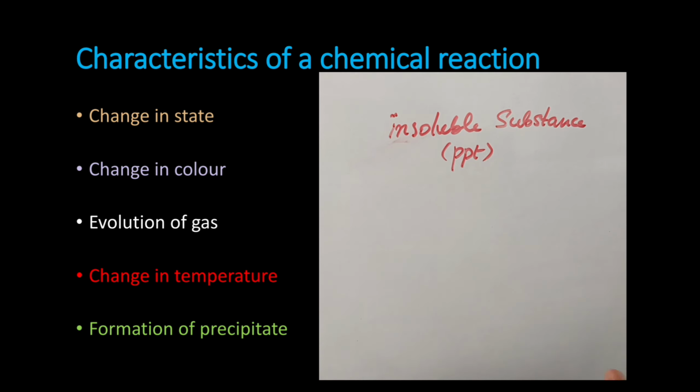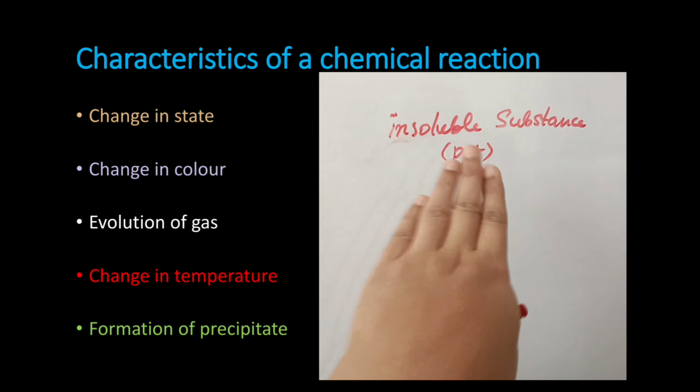You take two aqueous solutions, and when you mix them, there's a formation of some precipitate that is insoluble in water, and it gets settled at the bottom of the beaker. You can see it, right? It is insoluble in water, so it settles at the bottom of the beaker. That is your insoluble substance, PPT.